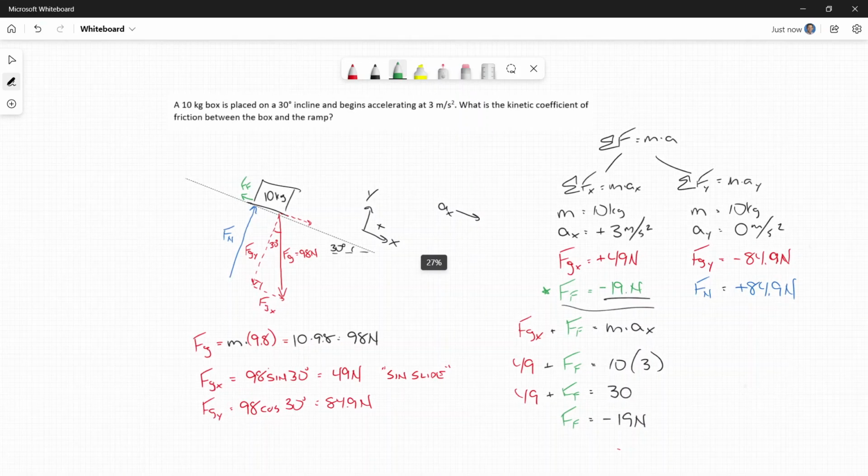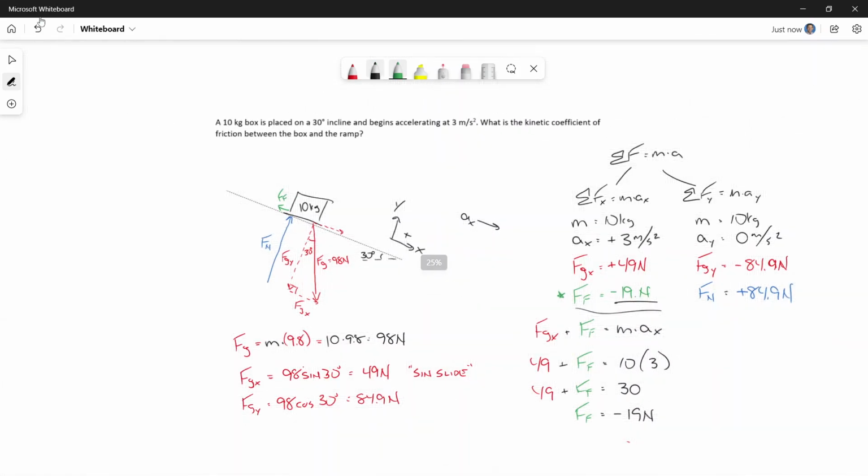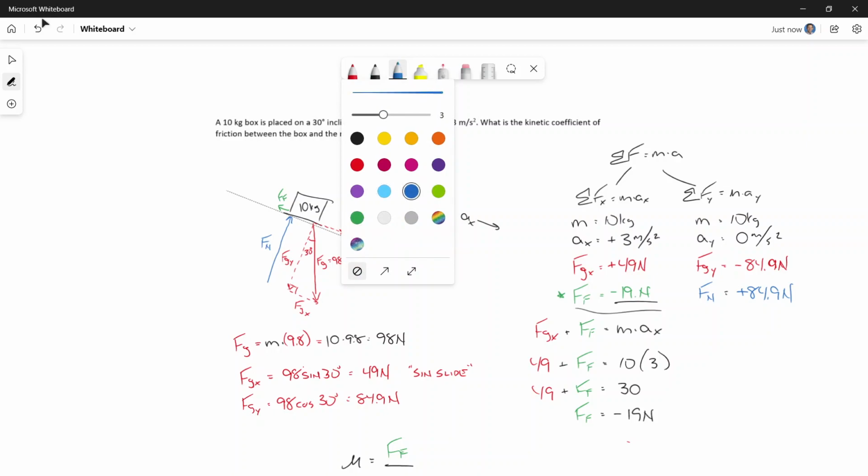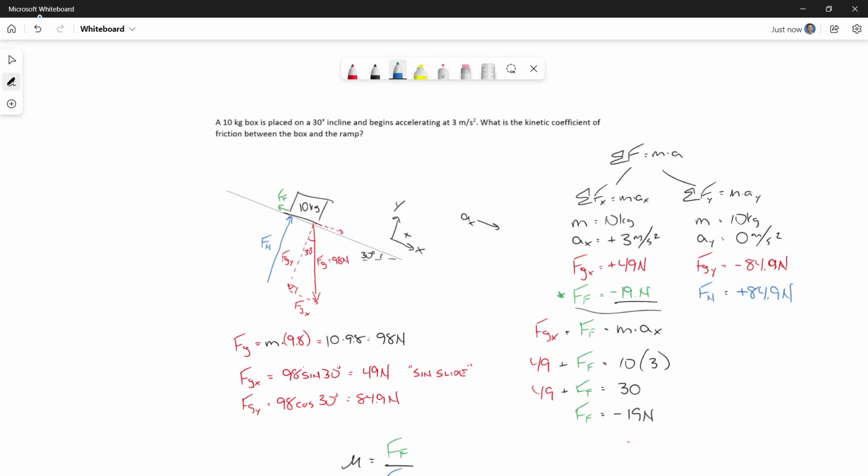All right, so we have the pieces we need here, and they want the coefficient of friction. So it's sliding, and we know that mu is always equal to the friction force over the normal force. And I like to put the absolute value bars on there because it really only cares about how much friction, right?